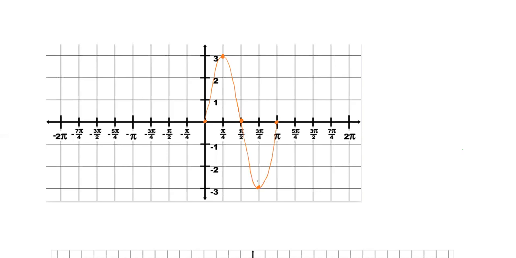All right. And just to give us step 5, what if I said your x must be between 0 and 2 pi? So if your x is between 0 and 2 pi, then let's stretch this. 5 pi over 4 would go all the way up here, right? 3 pi over 2 would be 0. 7 pi over 4 would come down here.